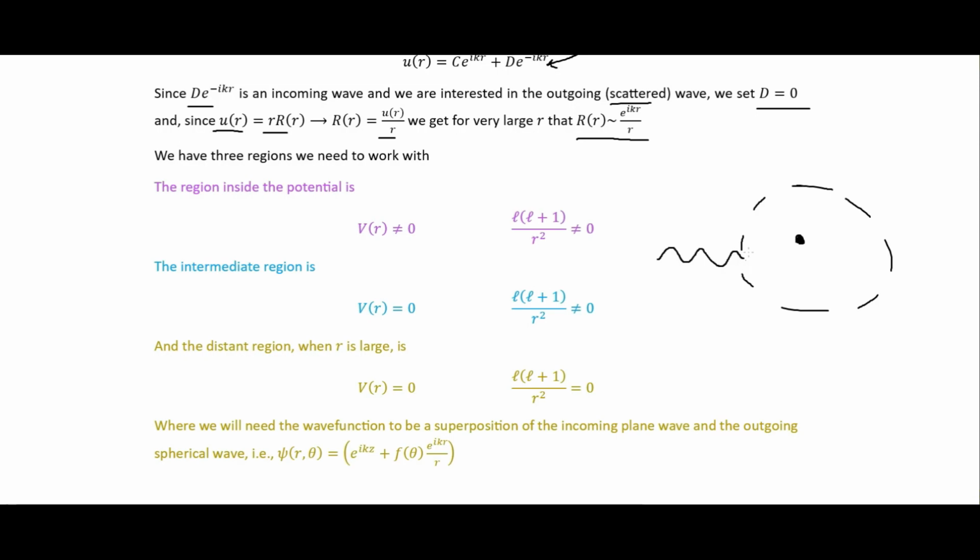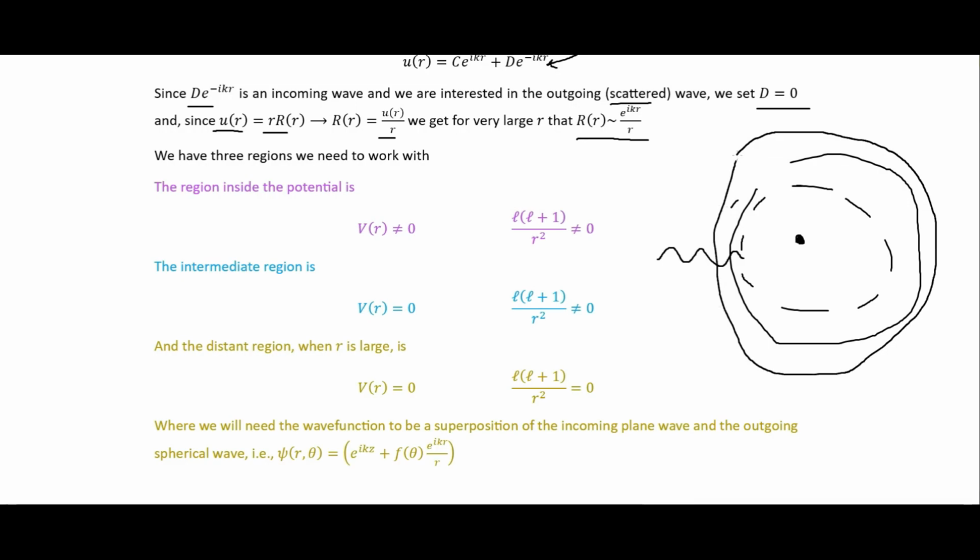It's going to run into this potential, and then some stuff is going to happen, and then we'll have a spherical wave, with these different crests and troughs going outward from the center, in all directions. This is the way we think about it, and it's sort of the way to make this easier for us.